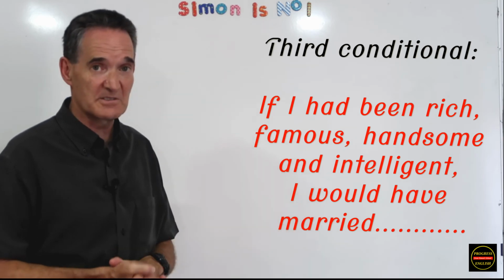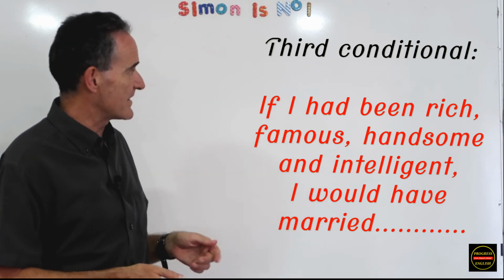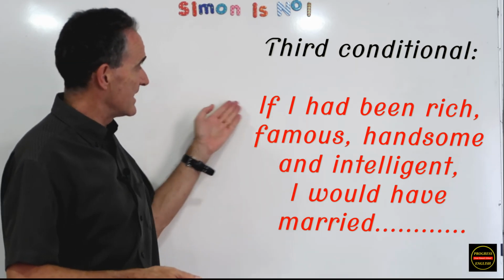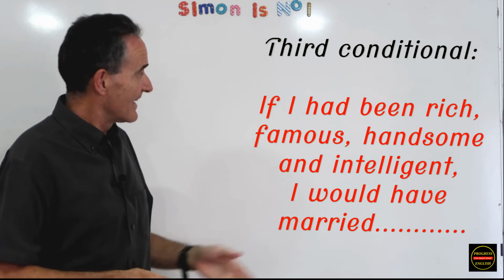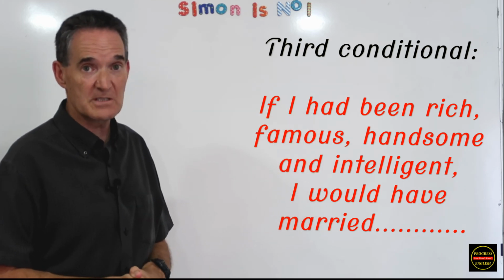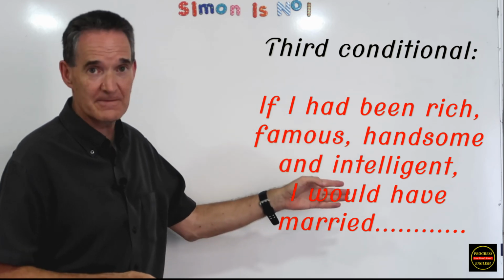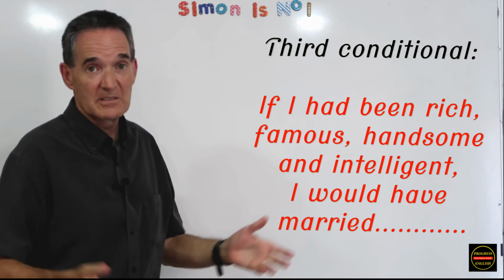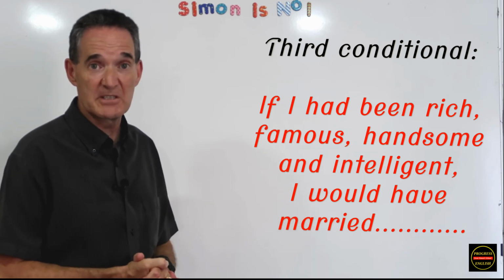So this is the third conditional. And you can see, if I had been famous and rich, here we use the past perfect. And in the main clause, we use would plus have plus the past participle. But this is just something which is impossible.